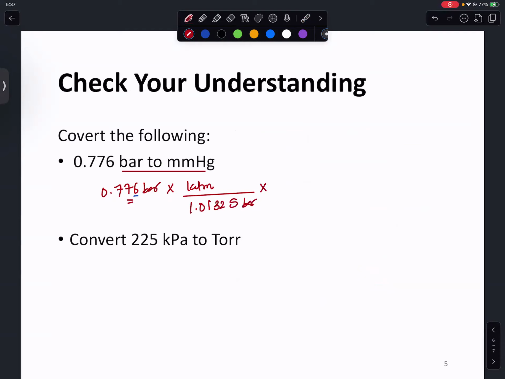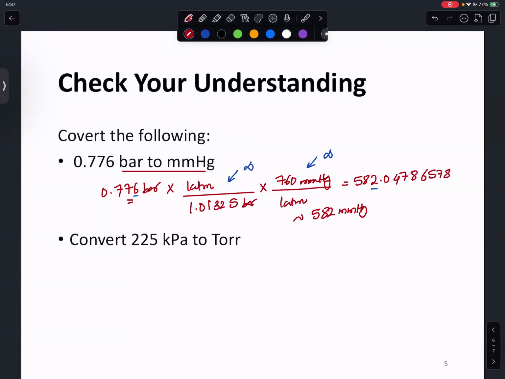And then I will switch from atmosphere to millimeters mercury, which gives me 582.04786578. And of course, this is infinite sig figs, and then 3 sig figs. So it becomes 582 millimeters mercury.